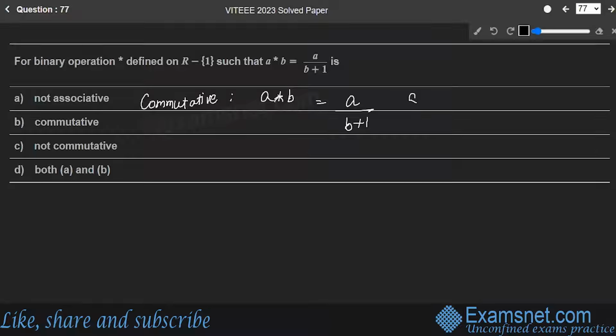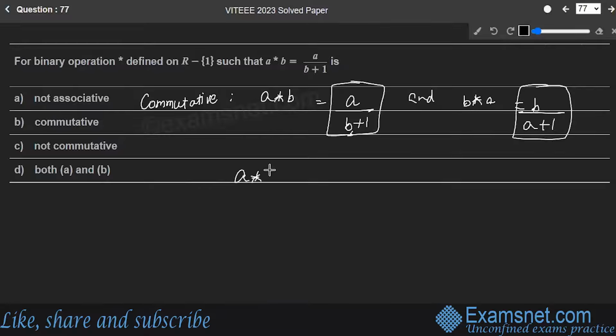If it is commutative, then b asterisk a should be equal to this. Now, see, these two are entirely different. Therefore, a asterisk b is not equal to b asterisk a. That means it is not commutative.